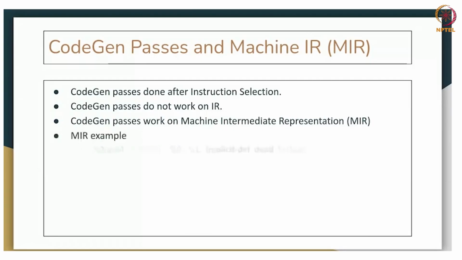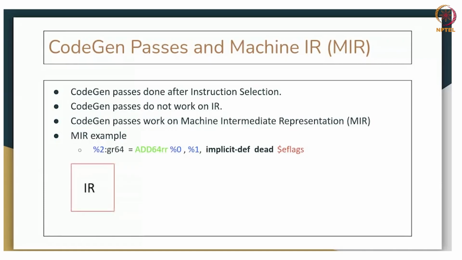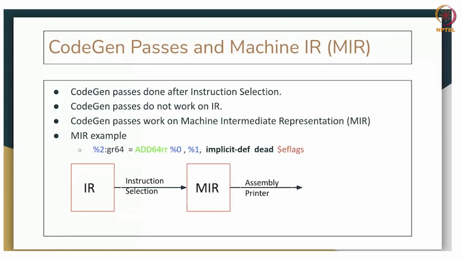So MIR, as an example, has instructions like GR64. After instruction selection, you get a MIR, so the instructions are target dependent instructions. Then you have the assembly printer that prints the assembly.